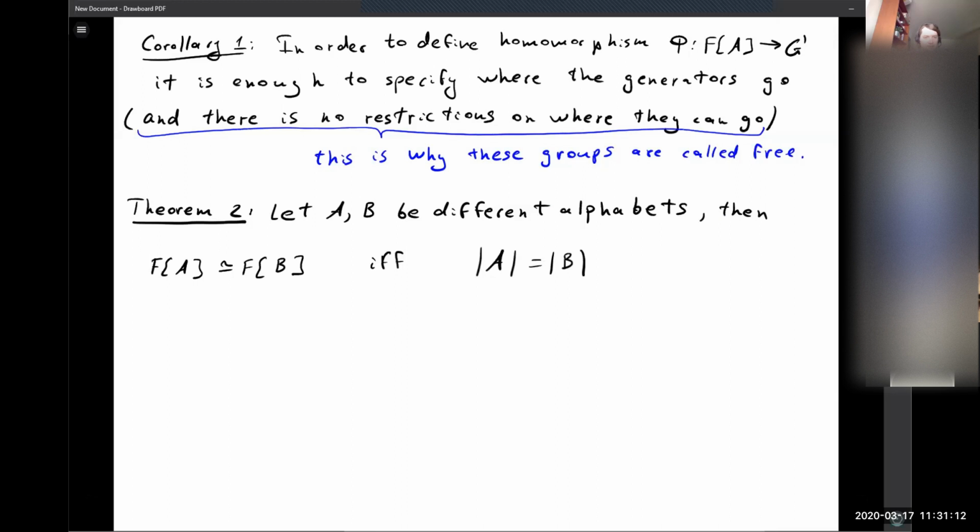Now, a remark on the proof. I won't go over the entire proof, and instead I will explain what is easy and what is hard in the proof. First of all, the reverse implication is immediate.